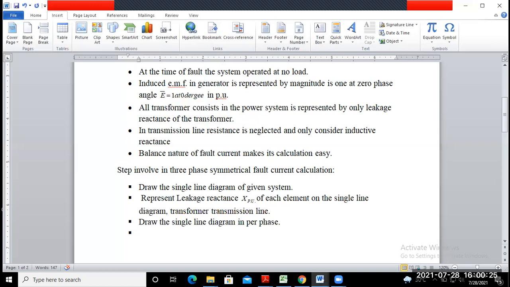So just calculate the equivalent reactance of the system as seen from the fault point. Suppose the fault is created here, and whatever system is involved up to this fault point, you find the equivalent reactance seen from this fault point. So the last point is to evaluate the equivalent reactance of the system.